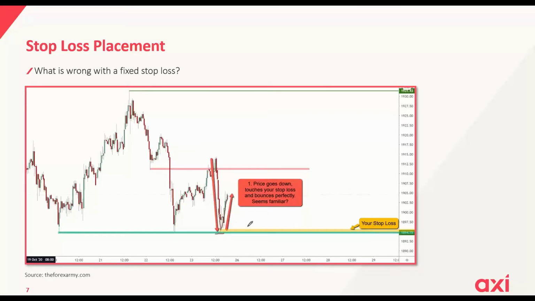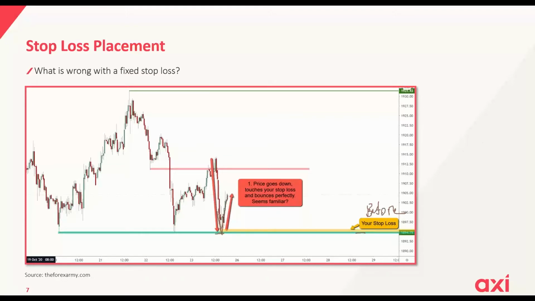Your stop loss placement should not be before a big level, okay? The reason for that is because price tends to get attracted to these key support levels.